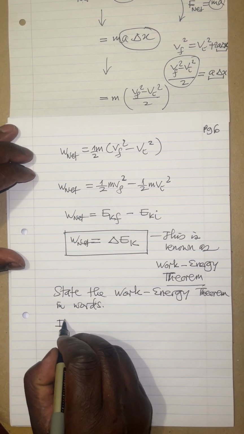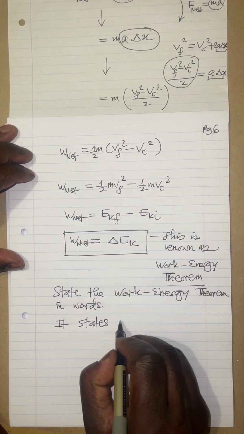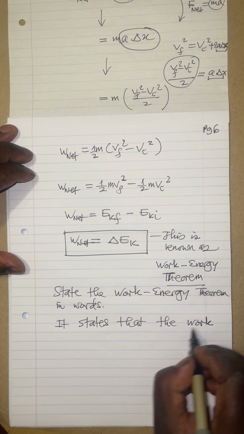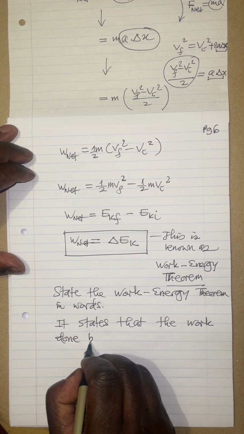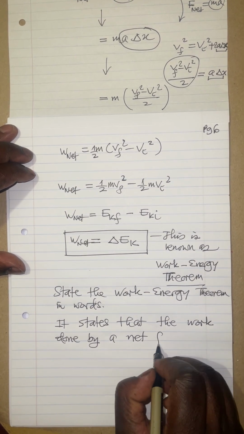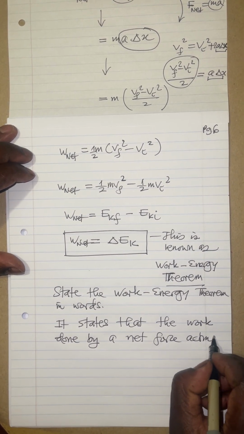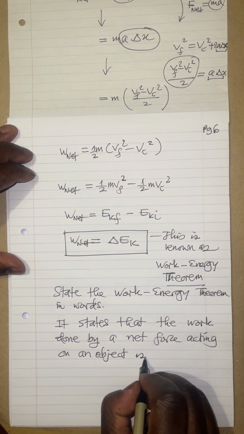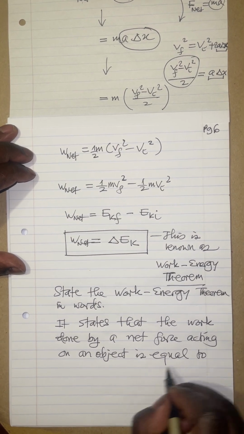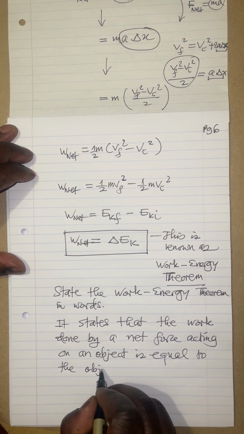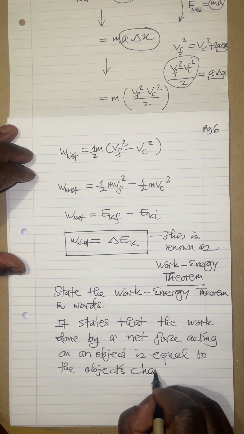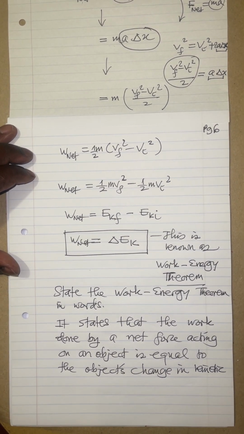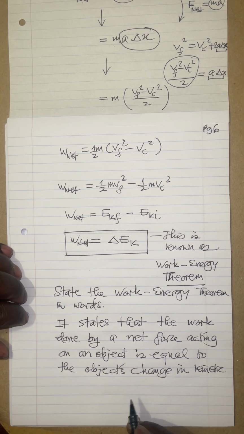Or you can say it states that the work done by a net force acting on an object is equal to the object's change in kinetic energy, or is equal to change in kinetic energy of the object.